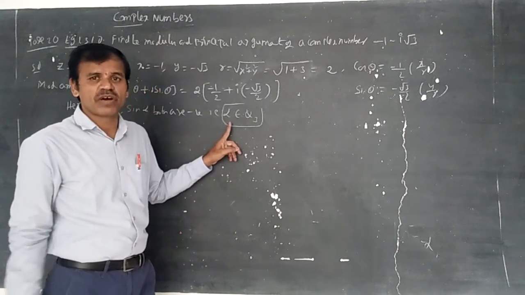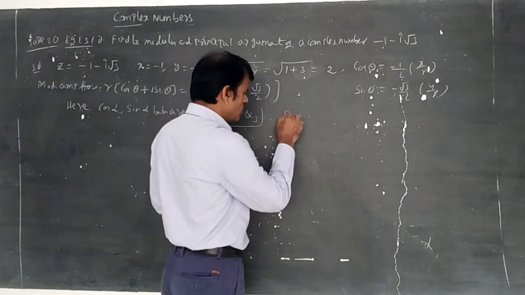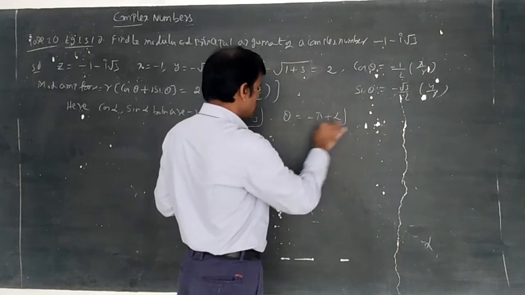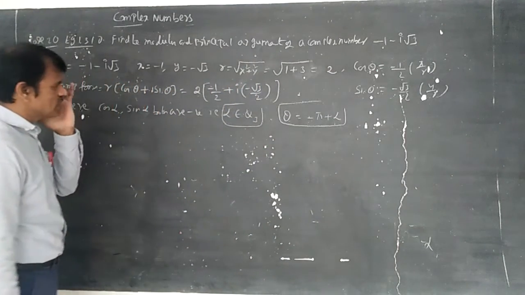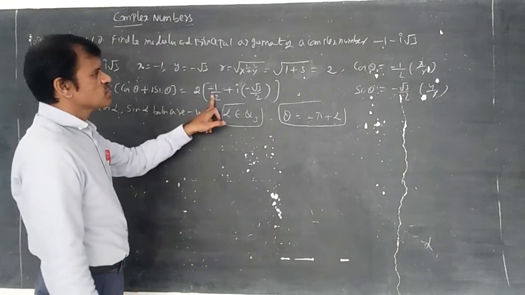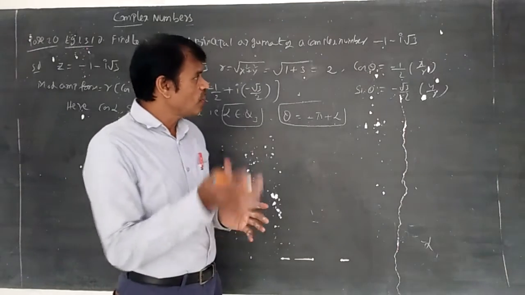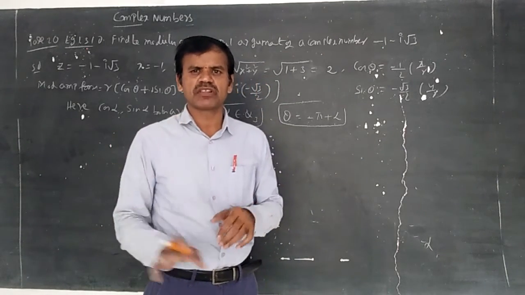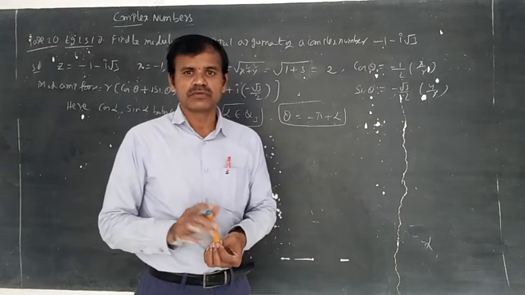So whenever alpha belongs to Q3, you need to use the formula theta is equal to minus pi plus alpha. Simply you can understand here, cos alpha is equal to 1 by 2. How many degrees is cos theta equal to 1 by 2? Forget about the sign. 60.